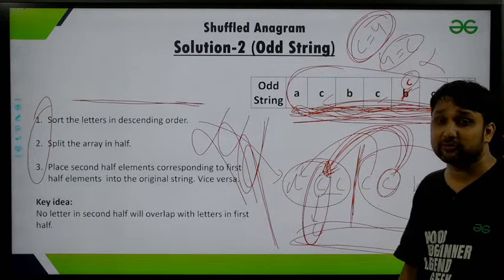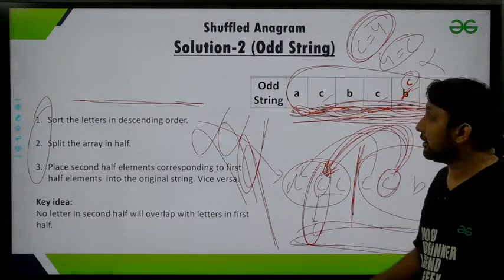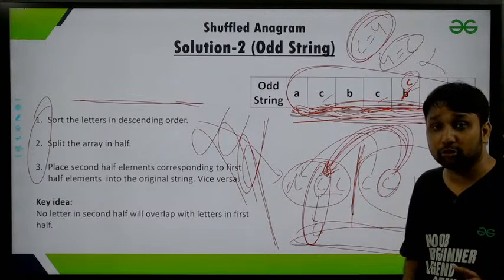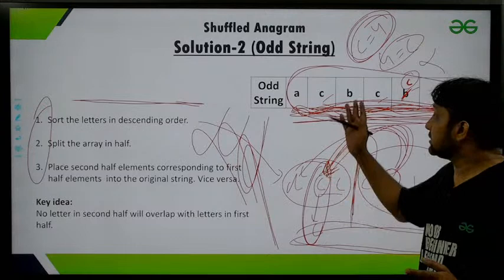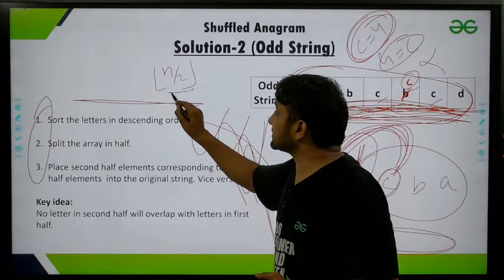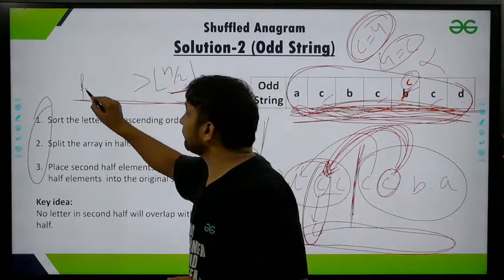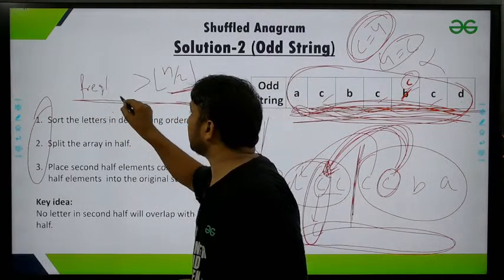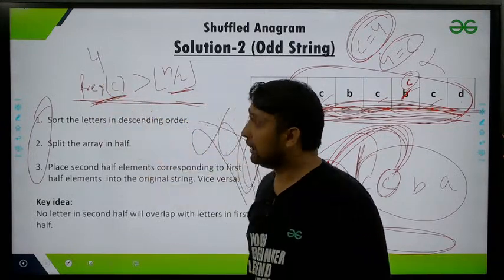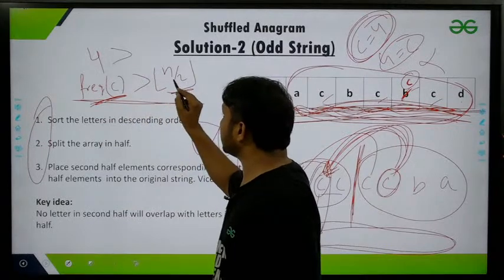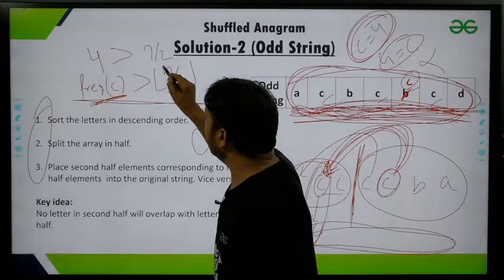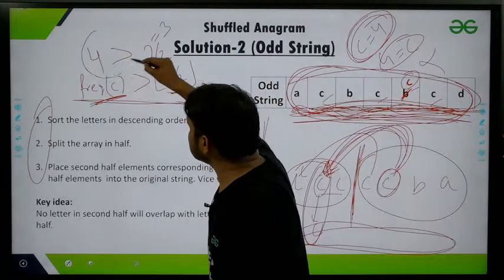Because if I have any character in my input whose frequency is more than this bound, in this case I'm talking about C, what is the frequency of C? If I put 4, that will be more than the n value bound. 7 characters are here, 7 by 2, lower bound will be 3. Yes, this condition is satisfied.